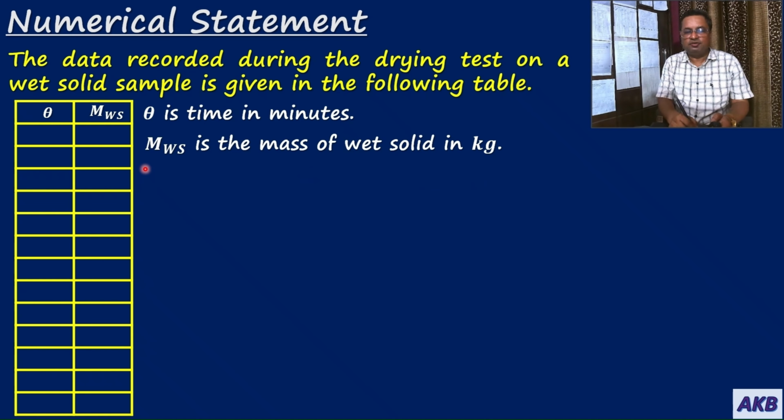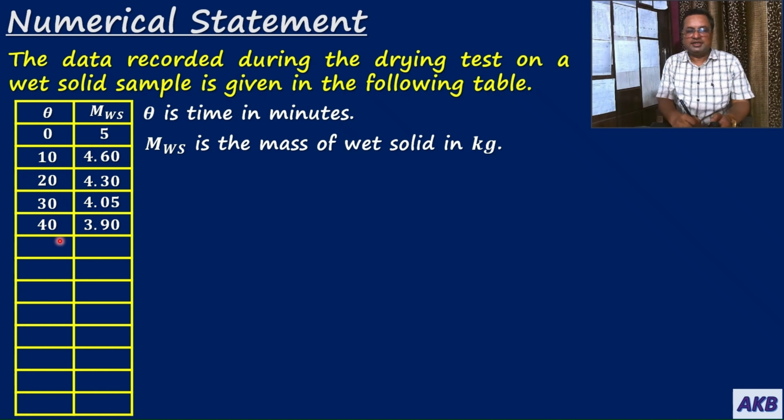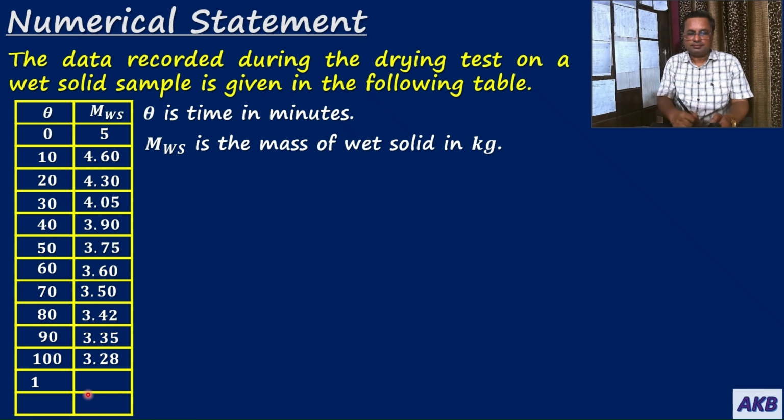We have values of MWS at various time intervals. After every 10 minutes, they have recorded the mass of wet sample. In this way, we have these different readings.